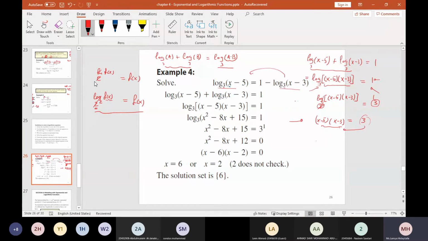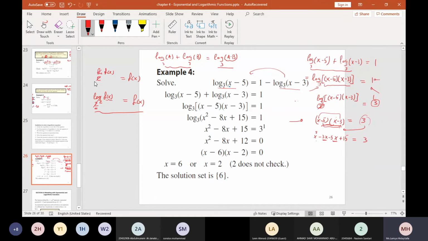So the equation will be x squared, which is x times x. Then x times minus 3 is minus 3x, and minus 5 times x is minus 5x, and minus 5 times the last term, minus 3, is plus 15. Okay, this is equal to 3.